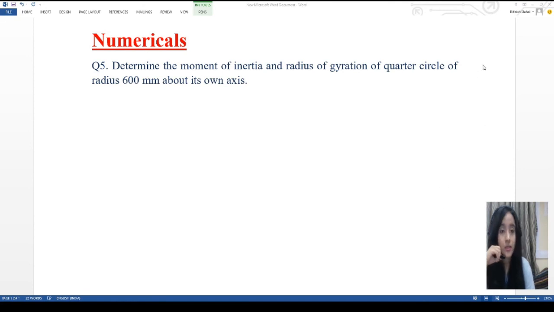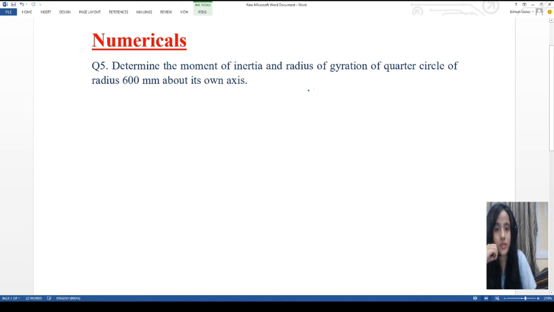Coming to the last numerical for today's session, let's read its statement. It says, determine moment of inertia and radius of gyration of quarter circle of radius 600 mm about its own axis. So let us draw the quarter circle.